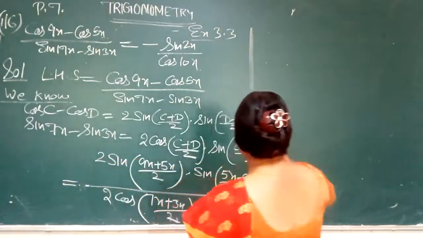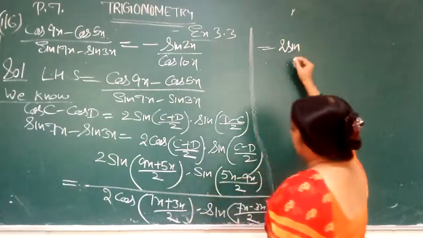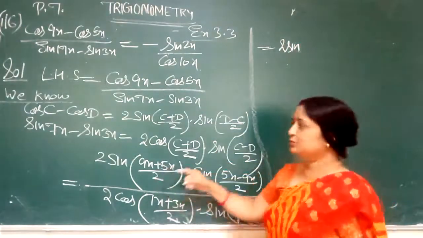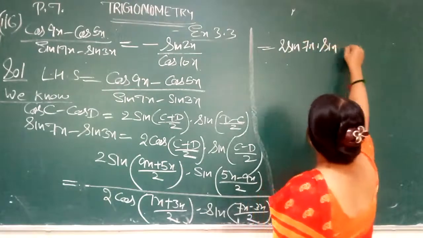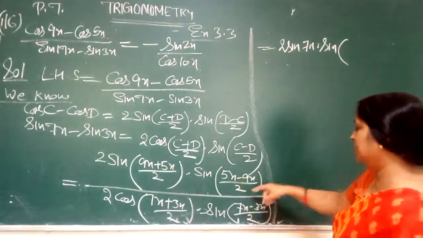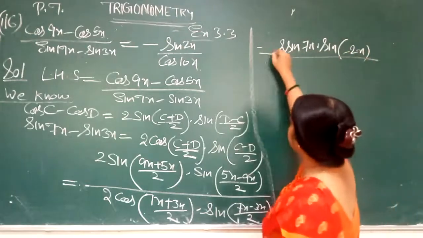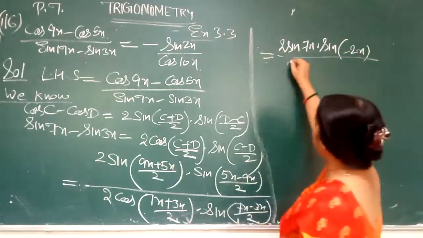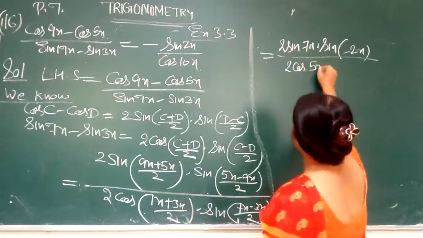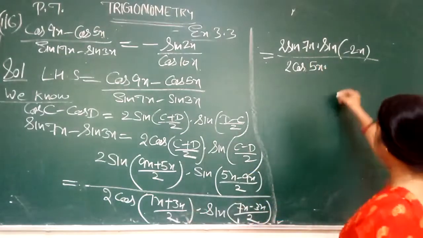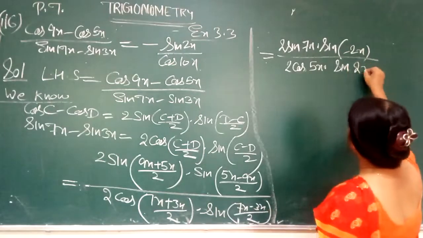After that it will come here 2 sin, now here 14x upon 2, so we can write 7x, into sin of minus 4x upon 2, that is minus 2x, whole divided by 2 cos, now 10x upon 2, so 5x, into sin of 4x upon 2, that is 2x.